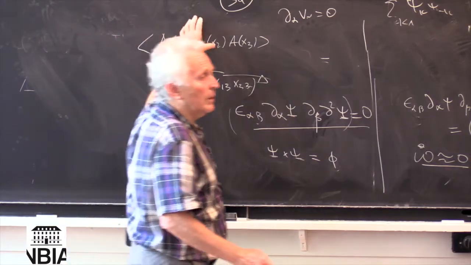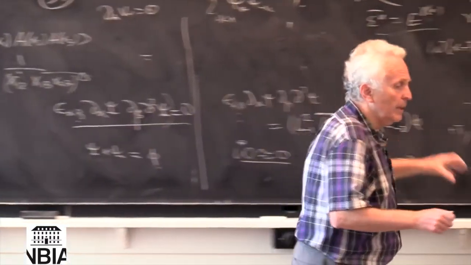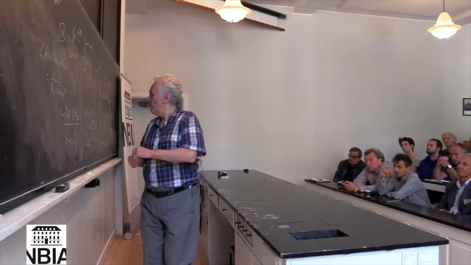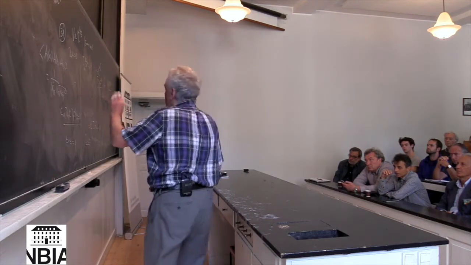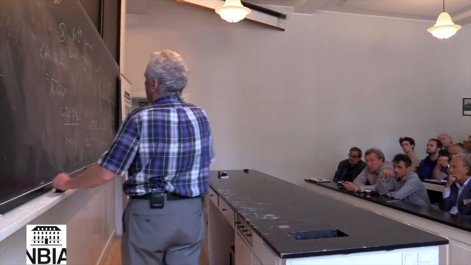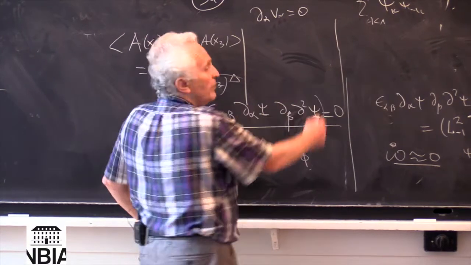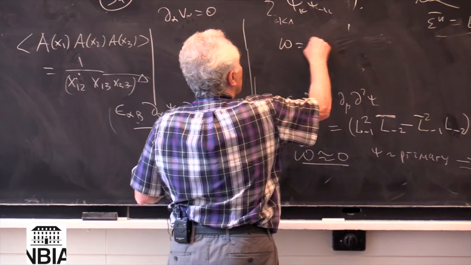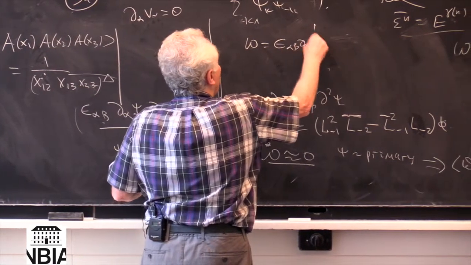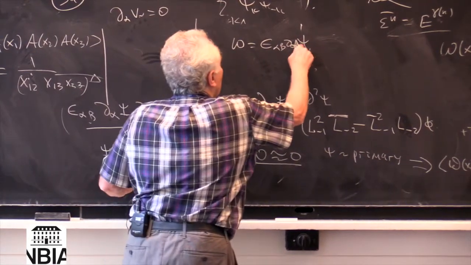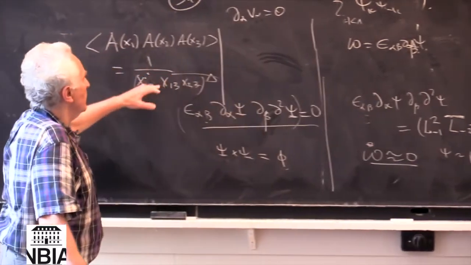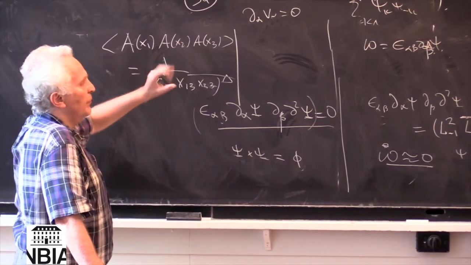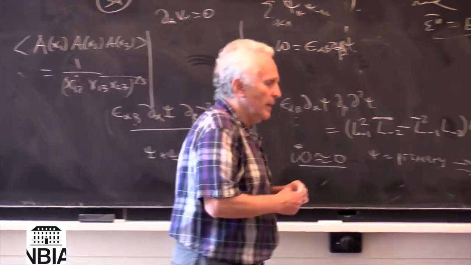It is impossible for the scalar primary to break parity, you see. Which leads to the immediate conclusion that the 3-point function of vorticity breaks parity, which leads to the conclusion which I now don't believe, namely that the correlation function of 3 vorticities is 0.